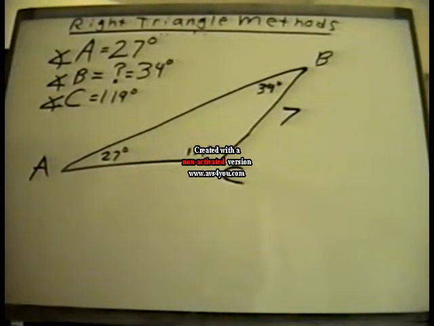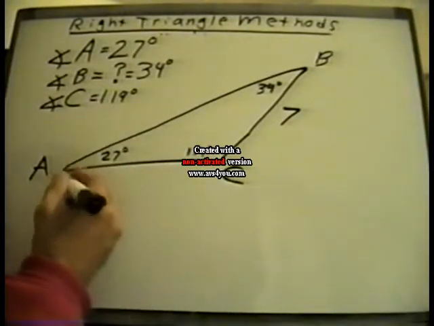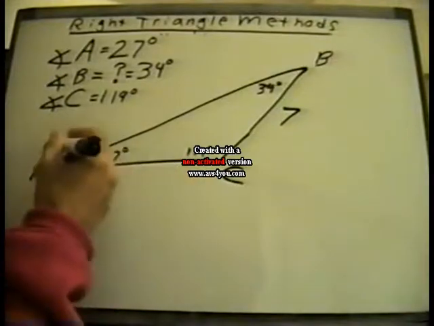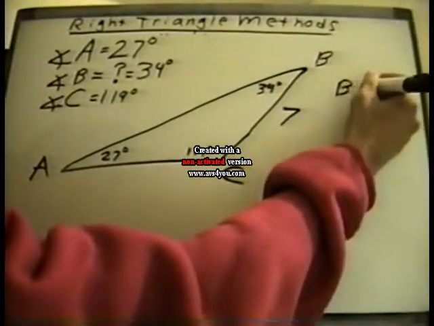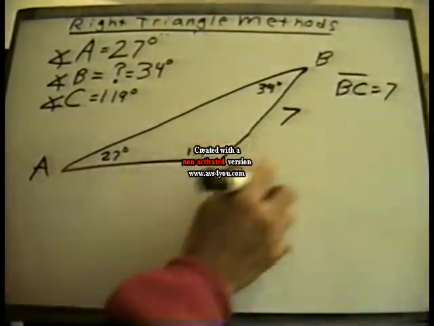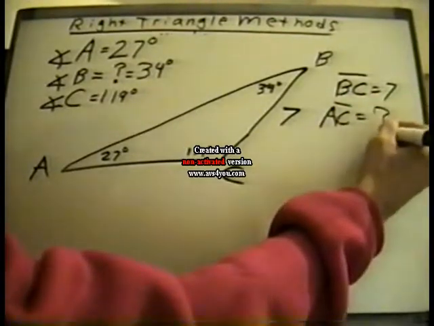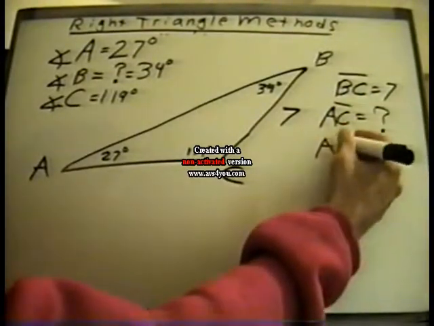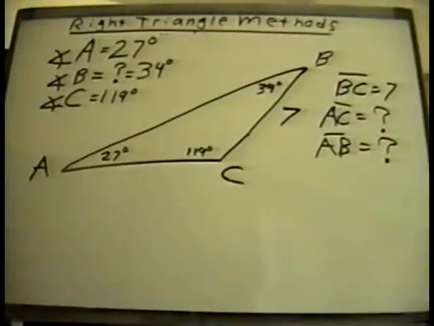So now, here we're given one of the sides for this triangle. Okay? And we want to find the other sides. We know BC is equal to 7. Line segment BC is equal to 7. We want to find line segment AC, and we want to find line segment AB.